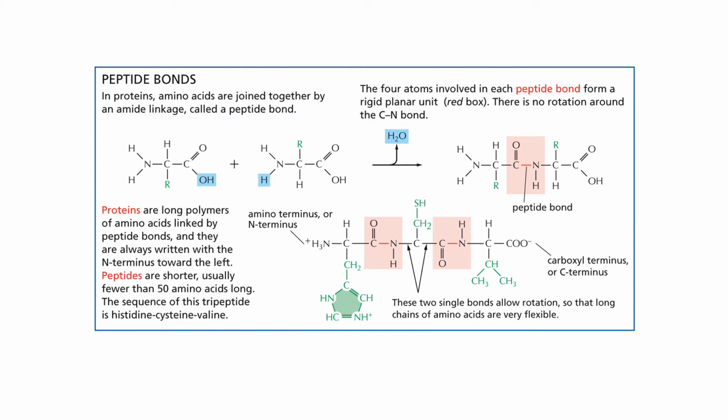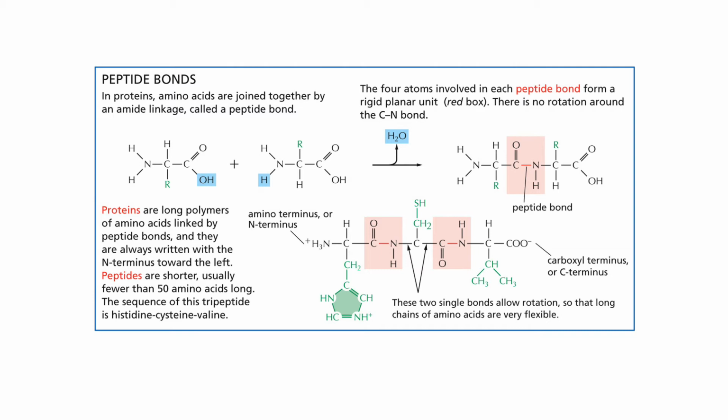And what happens is, if you see that OH and the H on those two respective amino acids, the OH from the carboxylic acid portion and the H from the amino portion, that carbon and that nitrogen are going to link up with a new covalent bond called a peptide bond, with the release of water, H2O.